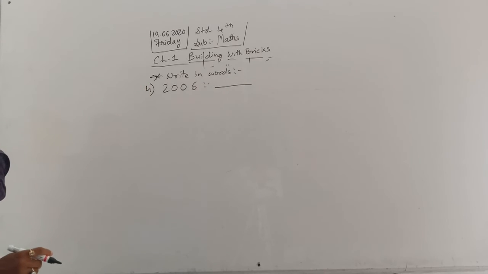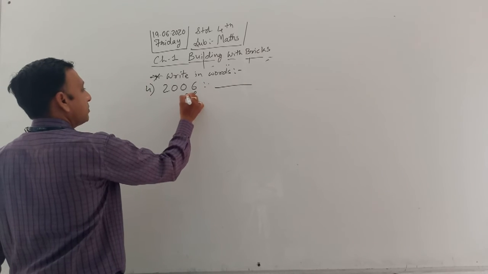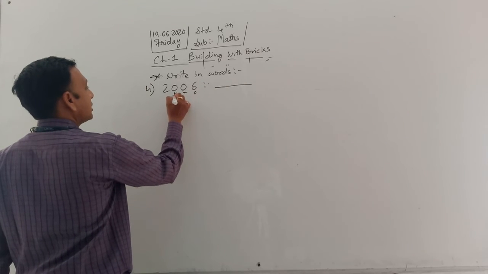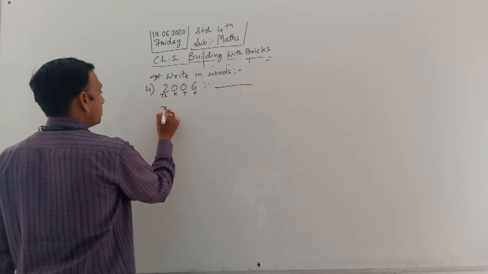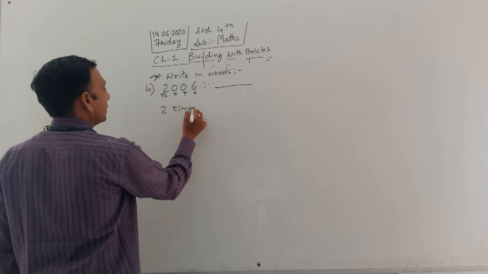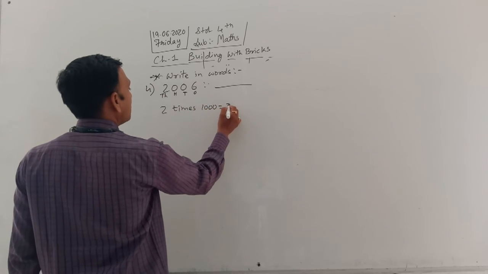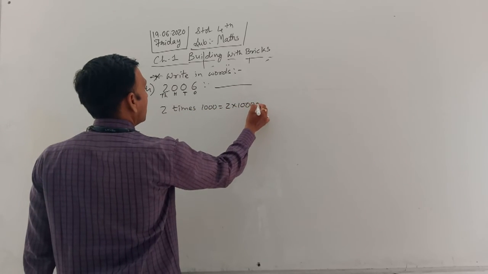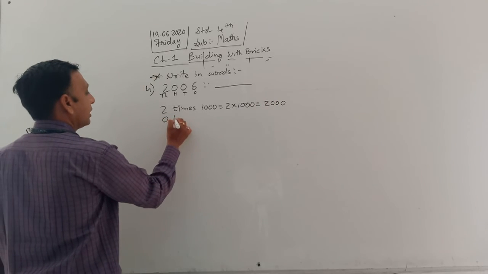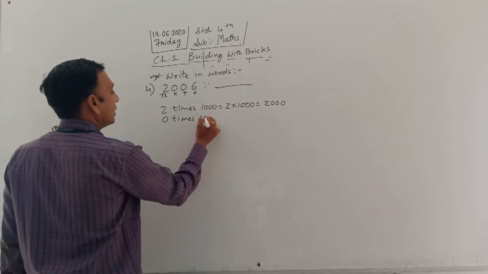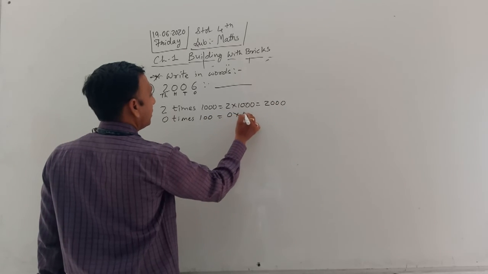2, 0, 0, 6. Ones place, tens place, hundreds place and thousands place. So at thousands place it is 2. So 2 times 1000, that is 2 into 1000 is equal to 2000. 0 times 100, 0 into 100.